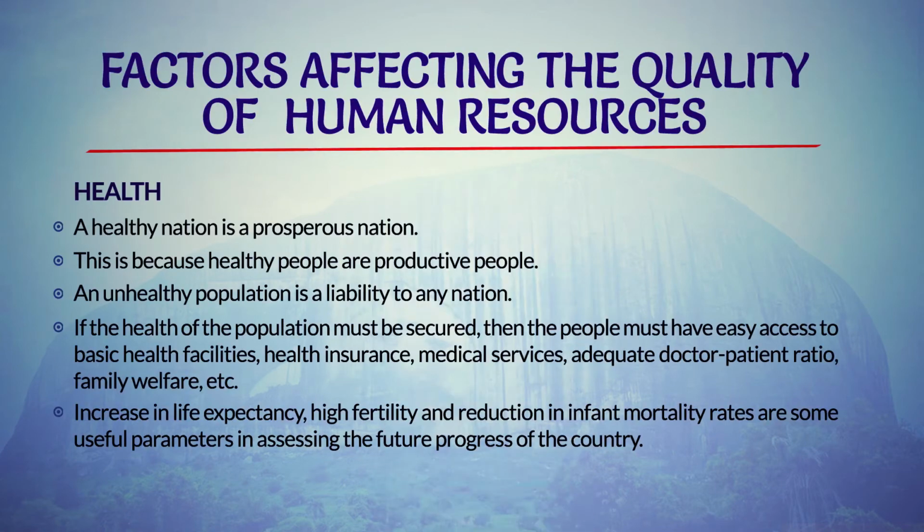With the advent of technology, unskilled labor jobs that were once done manually are now done with the assistance of technology like computers. Health. It is said that a healthy nation is a prosperous nation.